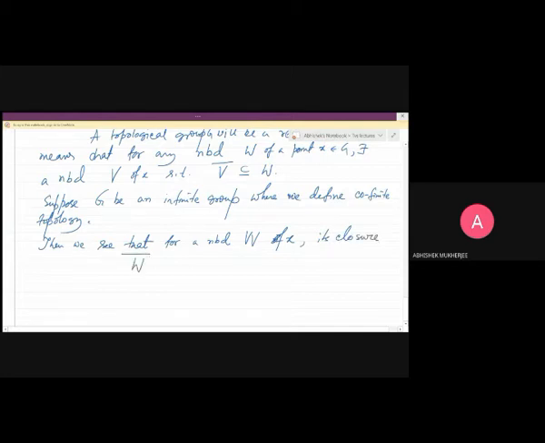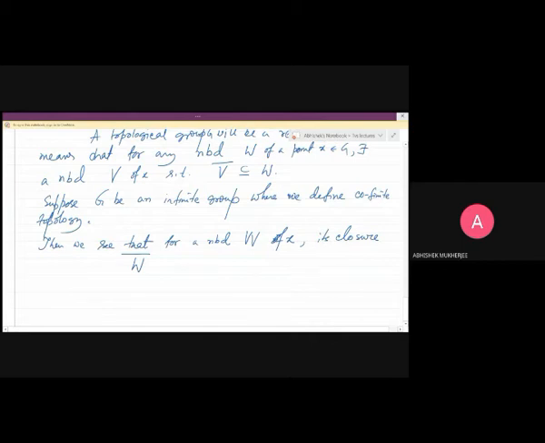Now what is W bar? The closure of any set is a closed set, right?